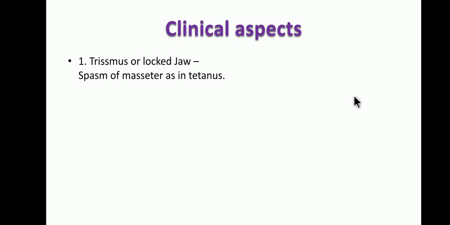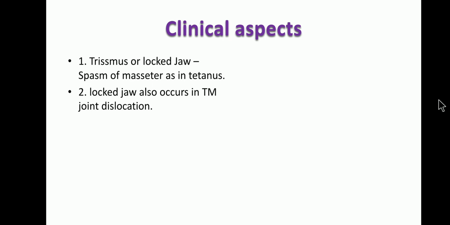Finally, coming to the clinical aspects of today's session. The masseter might undergo spasm, causing trismus or locked jaw. The masseter of both sides might undergo spasm, mainly in tetanus infection. The jaw can also get locked in temporomandibular joint dislocation.